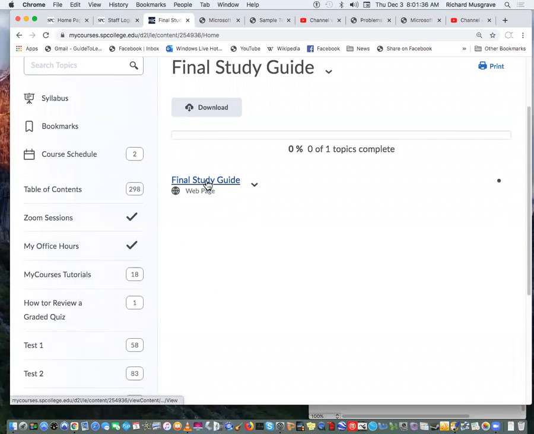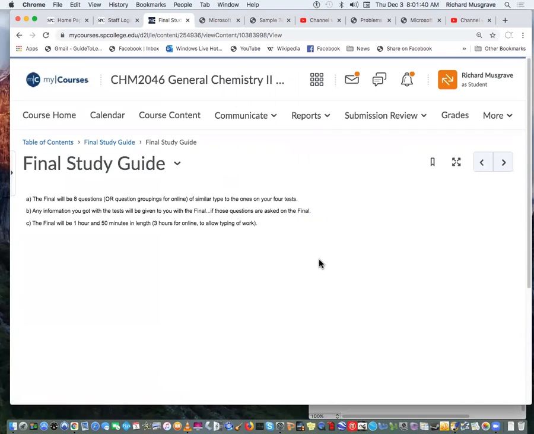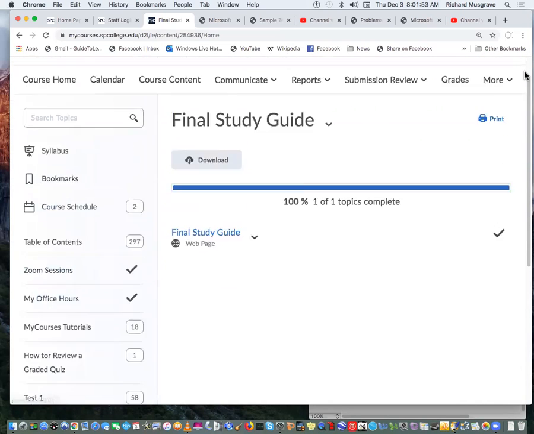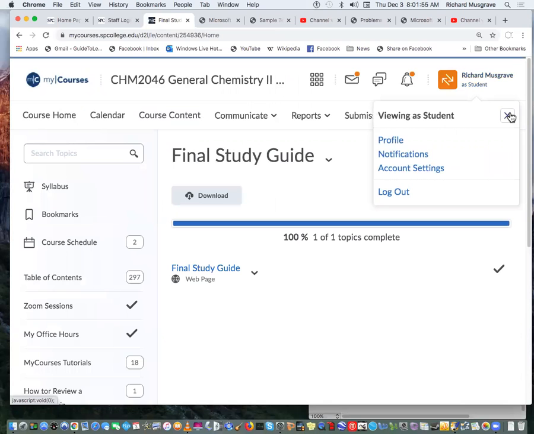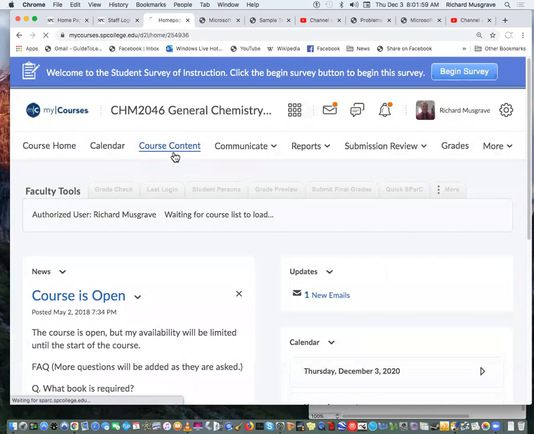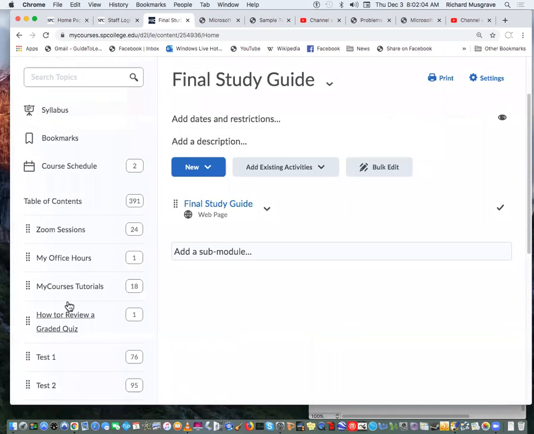So you're referring to the study guide file. I was going to go through this. When I say 8 questions, it's like 8 question groupings. Let me clarify what I mean by question groupings. Let's have a look.